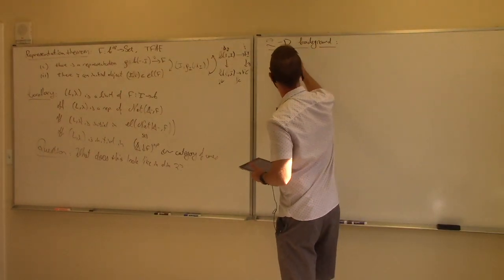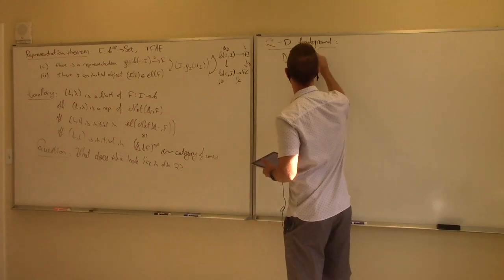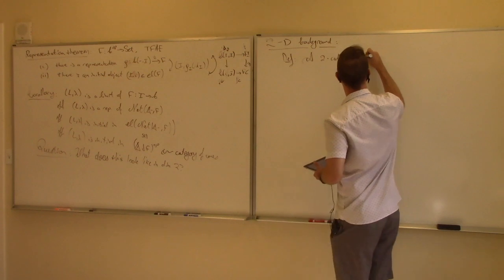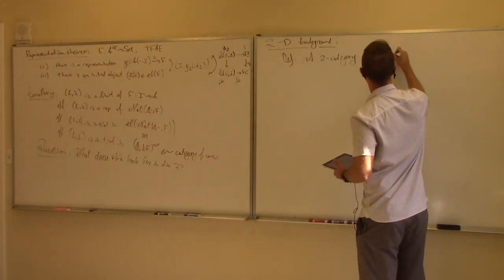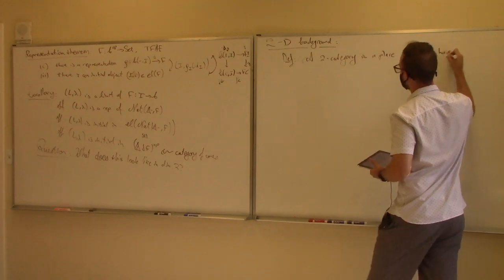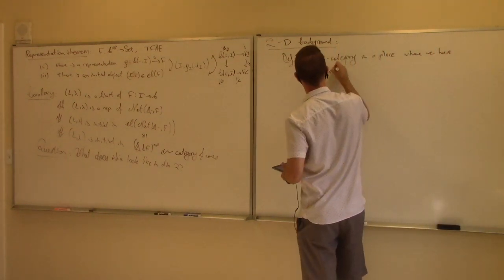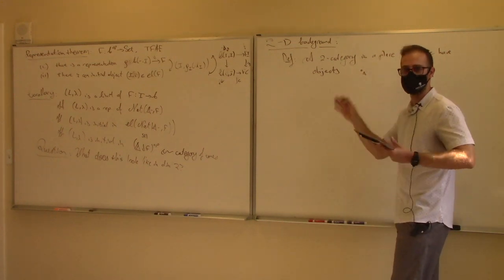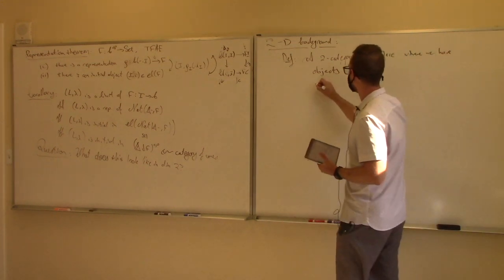So here's my amazing definition of what a 2-category is. A 2-category, I hope you're ready, is a place where we have objects, which we draw as labeled points. We have morphisms.